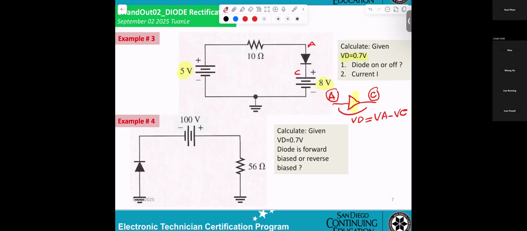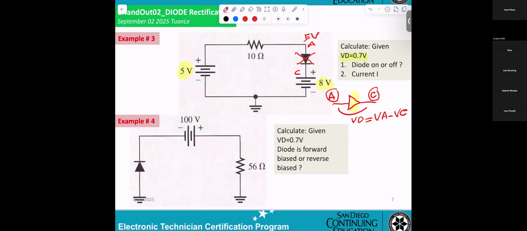You have to take out the diode. Excellent answer. That means take out the diode, no diode, that means open. That's right. So the 5 volts here is supposed to be 5 volts here.